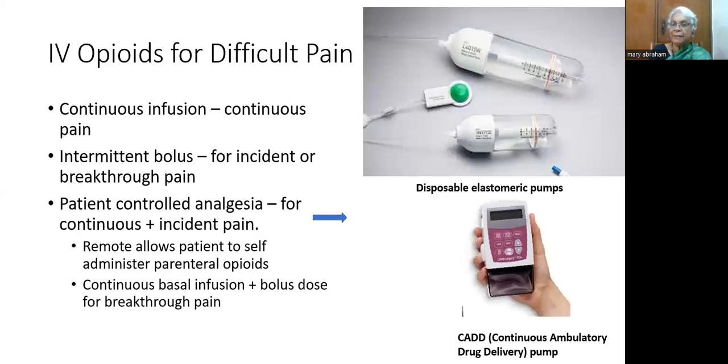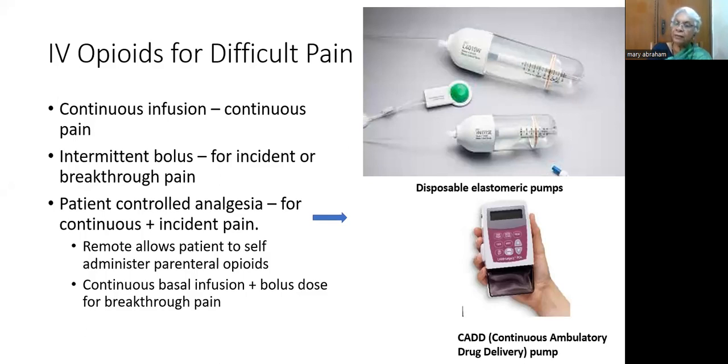So sometimes in difficult pain, you may have to resort to intravenous opioids and not oral opioids. Now, this can be given for continuous pain. You can give a continuous infusion, like with a syringe pump. But if there is incident pain, then you can give an intermittent bolus.